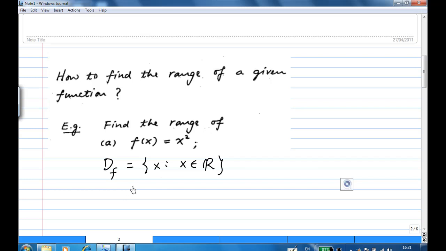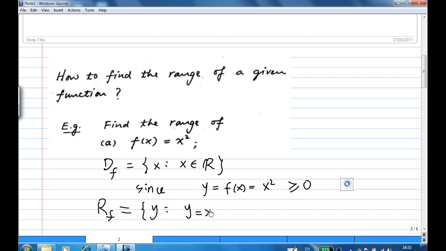So since y = f(x) = x² is always greater than or equal to 0 for all x, the range of f, we call it Rf here, will be the collection of all the y where y is x².